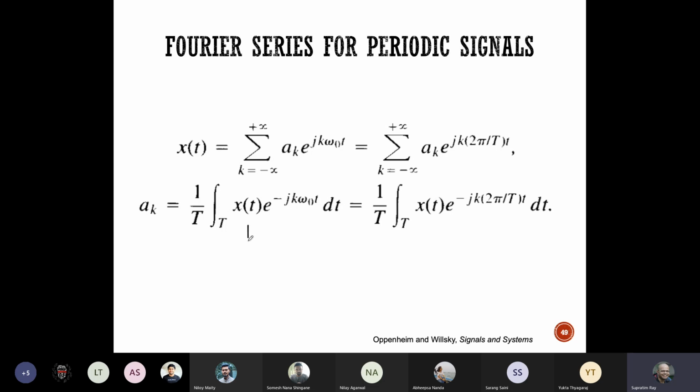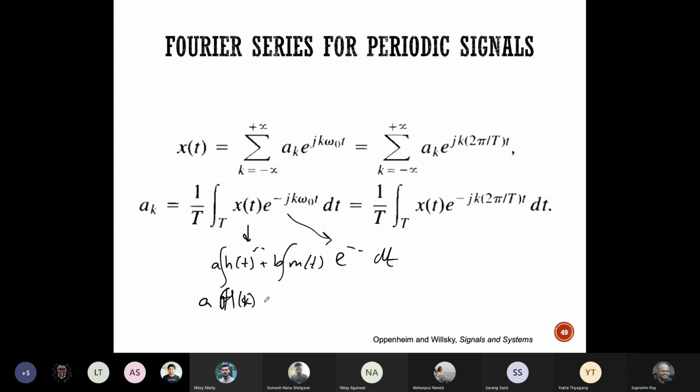So if this becomes a h(t) plus b m(t), then you can see that this integral will come here, and when I integrate this, it's just a times whatever is the Fourier transform, Fourier series, of h plus b times whatever is the Fourier series of m.